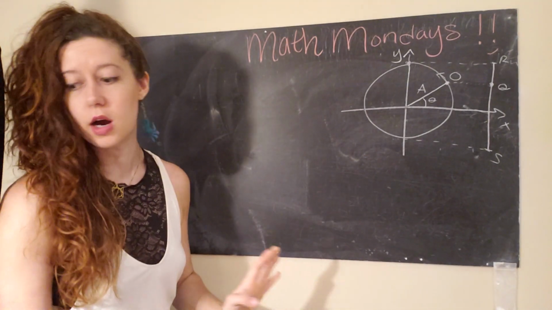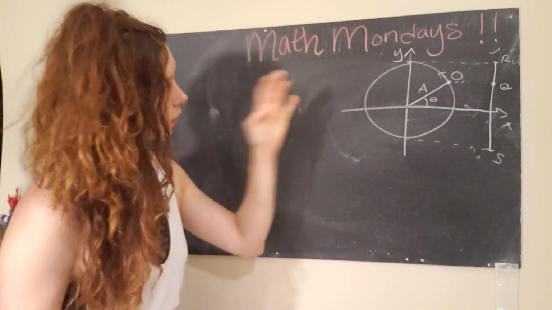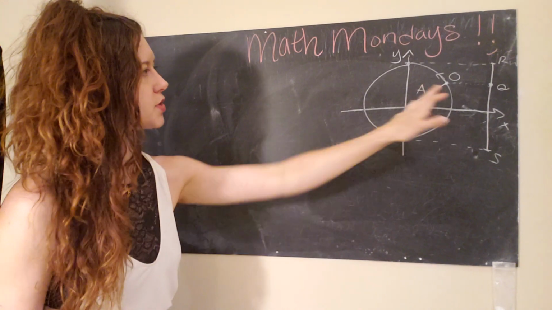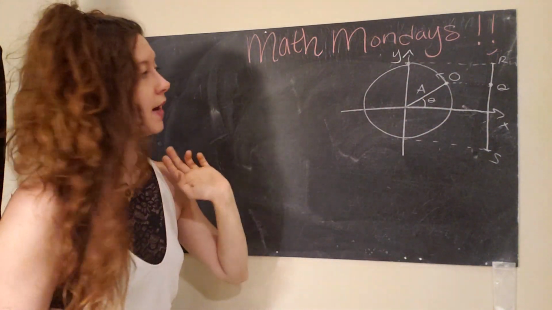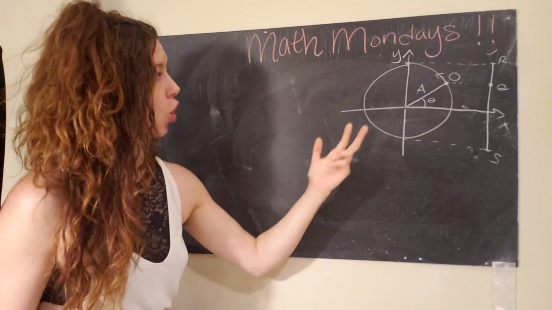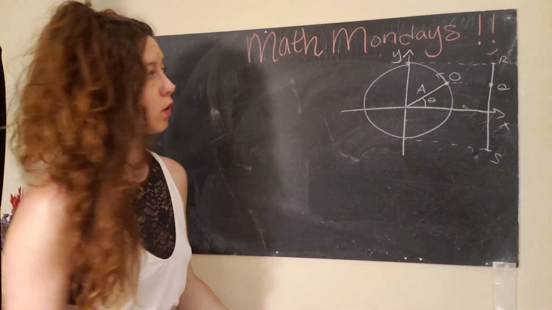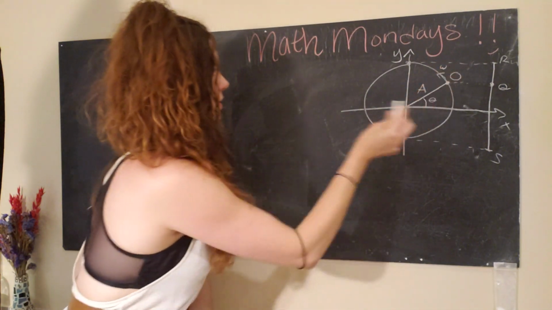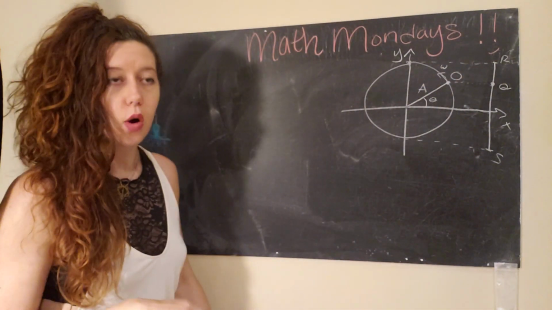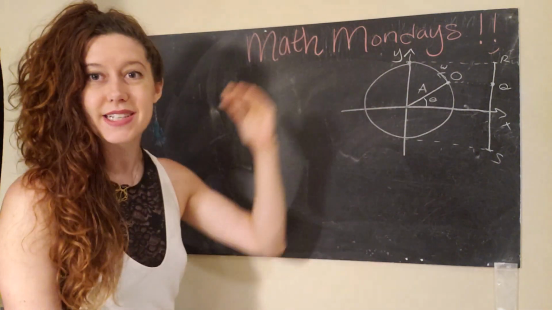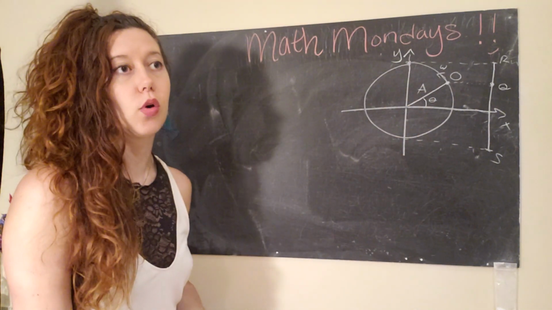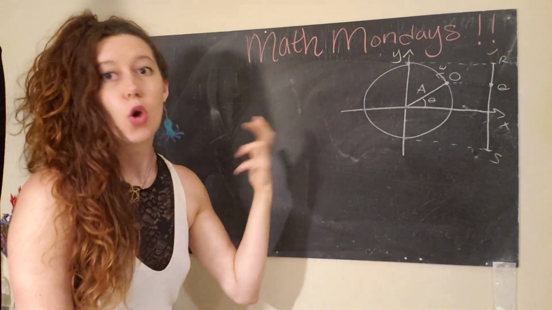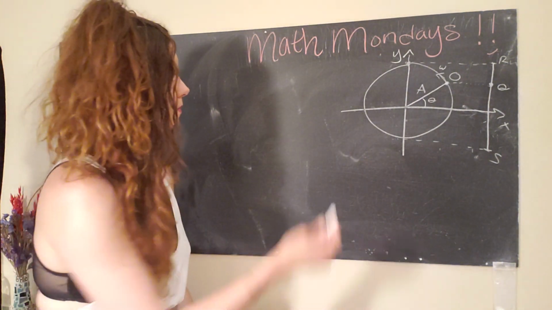So the first thing to note is that we are given a little bit more information. We are told that our object O is moving with angular velocity omega. And so unlike regular velocity, where you have units of distance over time, angular velocity has units of degrees or radians over time.